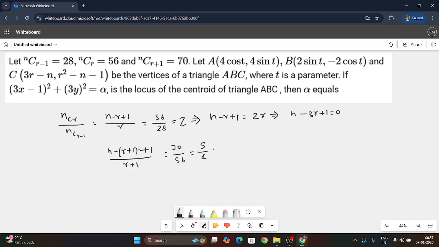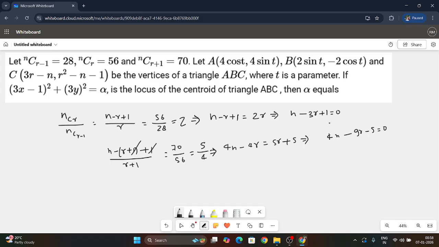If you multiply, minus 1 and plus 1 get cancelled, and you will get 4n minus 4r is equal to 5r plus 5, and if you solve it, you will get 4n minus 9r minus 5 equal to 0.